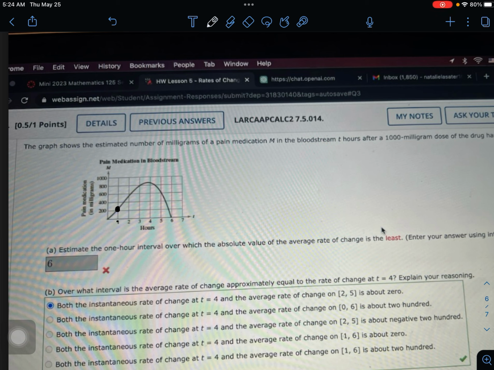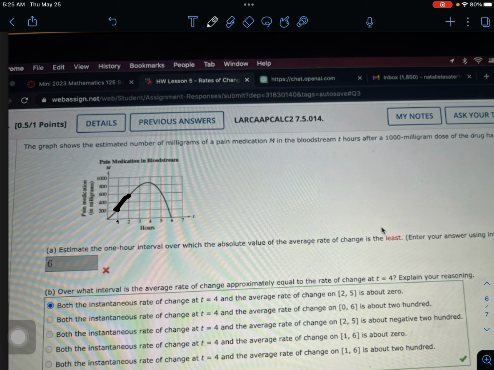Then go to 2 hours is right here. If I were to draw a line between those 2 points, the slope of that line represents the average rate of change. And you can see, that slope appears to be about 2. It goes up 2 and over 1. And that's between 1 and 2.